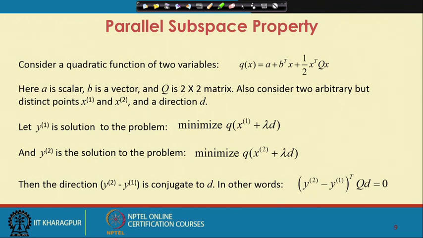Let y1 be the solution to the problem minimize q(x1 plus lambda d), and y2 be the solution to the problem minimize q(x2 plus lambda d). Then the direction y2 minus y1 is conjugate to the original direction d. In other words, (y2 minus y1) transpose Q d will be equal to 0.